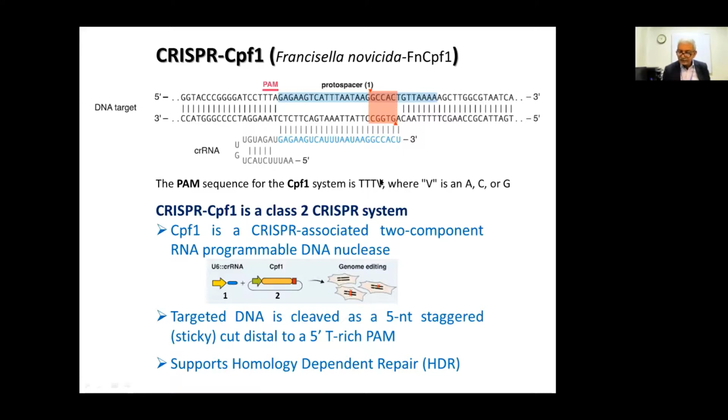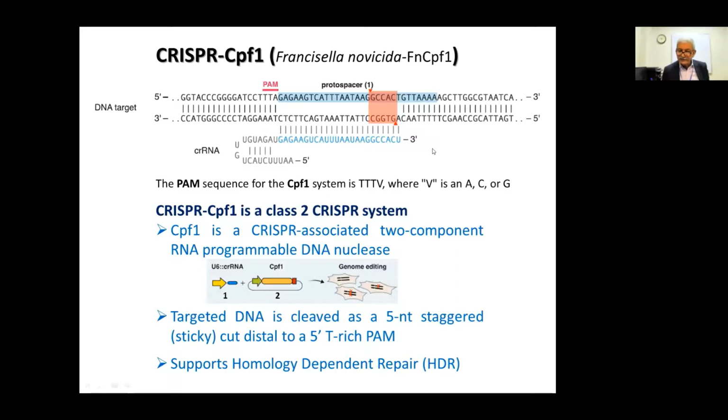So it means that Cas9 has more frequent sites because it requires at least double G, which is specific. This requires triple T. So the chances of occurrence of 3 nucleotides are less than 2 nucleotides. But still, they are much more than 4 nucleotides or 5 nucleotides.